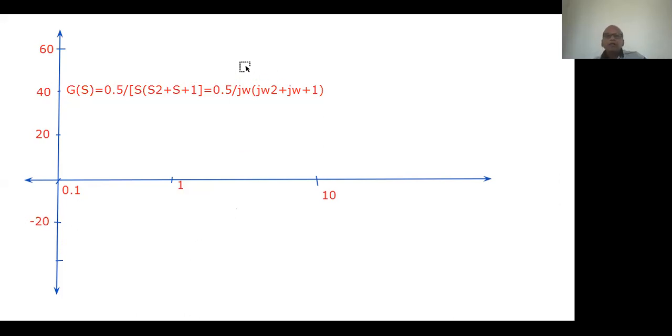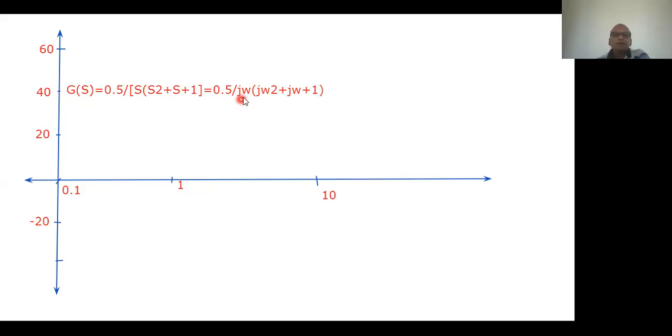Then consider here, if you draw by considering the factor 0.5 divided by the j omega, then the magnitude of this point, if you calculate its magnitude, is maybe 6 dB.